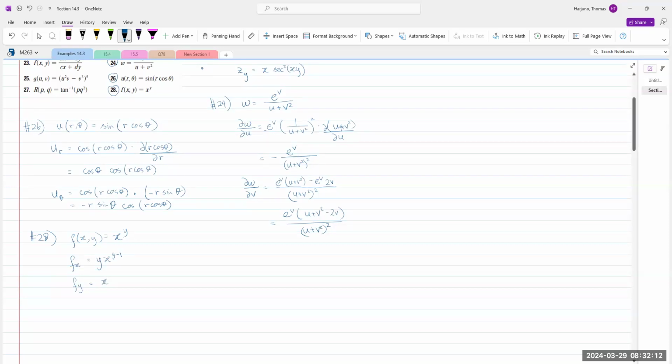Is that right? So the partial derivative of base to the y with respect to y will be x to the y times the change of base ln x, right? Times the partial derivative of y with respect to y, which is just 1.